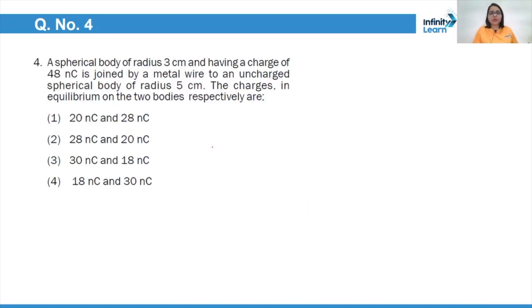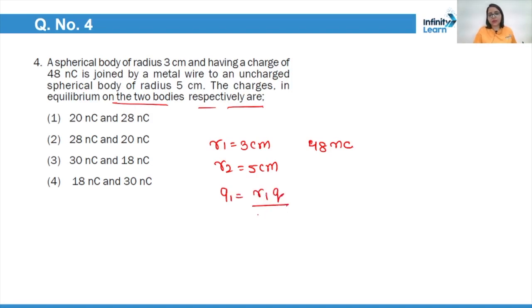Question number 4. A spherical body of radius 3 centimeter having a charge 48 nanocoulomb is joined by a metal wire to an uncharged spherical body of radius 5 centimeter. The charges in equilibrium on the two bodies respectively are. So Q1 is given as R1 into Q divided by R1 plus R2, and Q2 is given as R2 into Q divided by R1 plus R2, right?